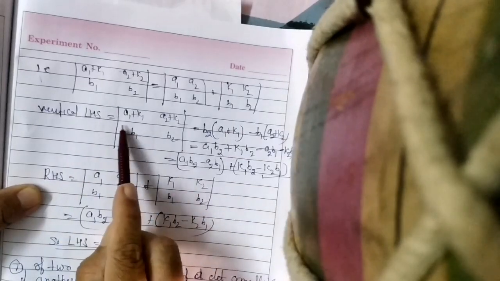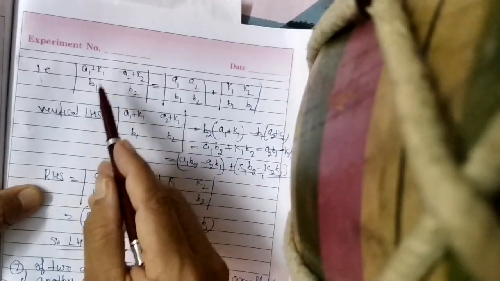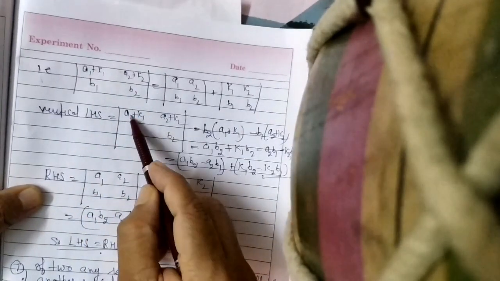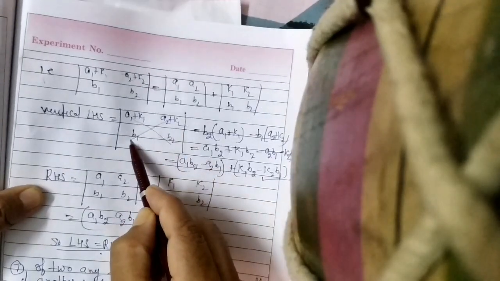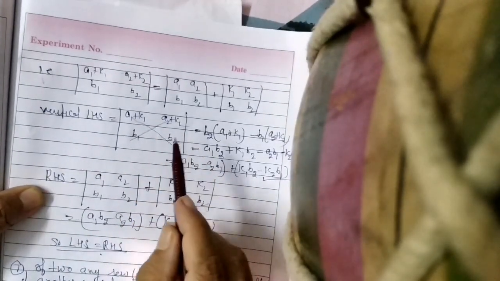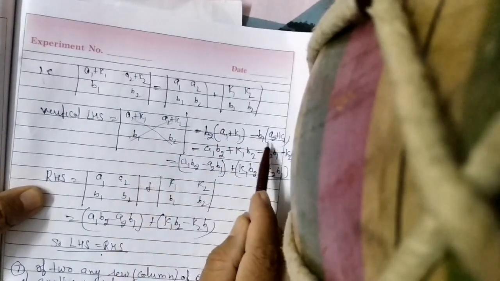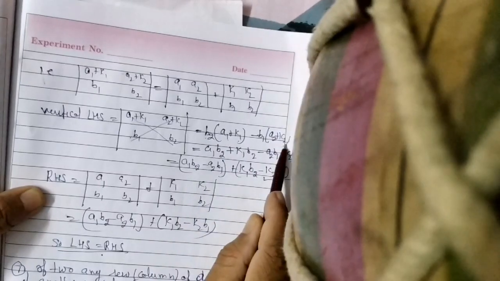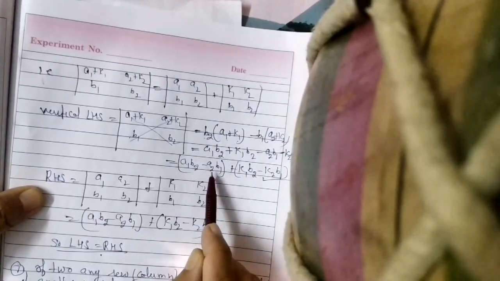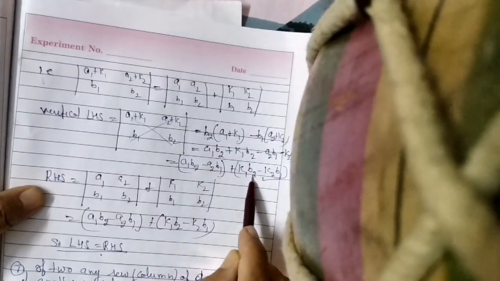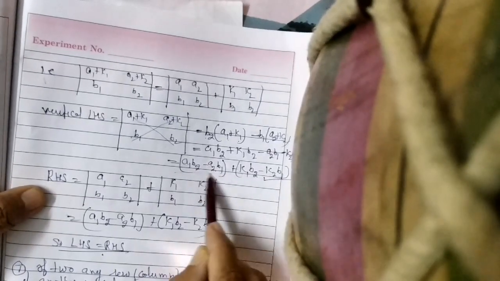So verification, left hand side: this determinant, this into this minus this into this. So here this becomes B2 into A1 plus K1 minus B1 into A2 plus K2. Multiplying this, we get A1 B2 minus A2 B1 plus K1 B2 minus K2 B1. This is the left hand side.